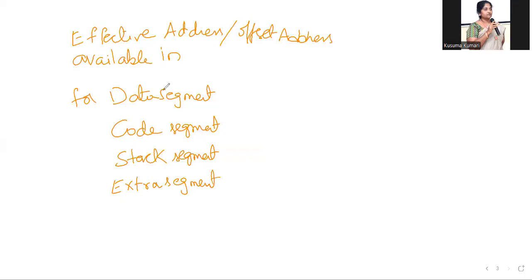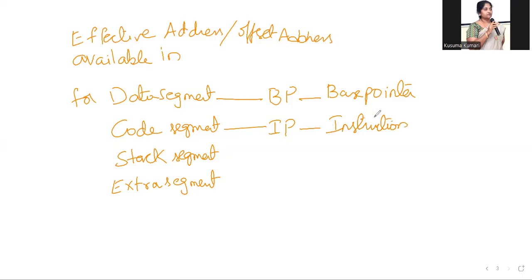The effective address for the data segment is available in the base pointer register. Pointer means to identify the location. For the code segment, the effective address is available in the instruction pointer.